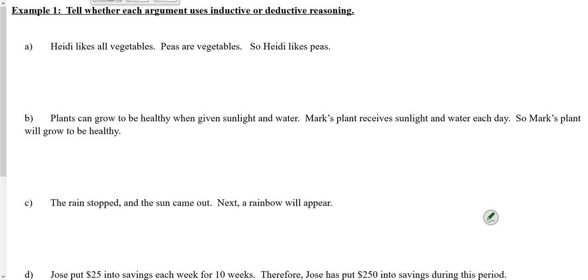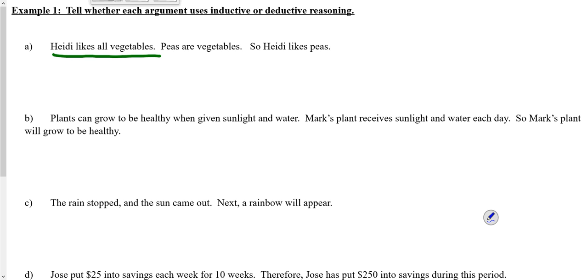So example number 1, we need to tell whether each argument uses inductive or deductive reasoning. So letter A, Heidi likes all vegetables. Peas are vegetables, so Heidi likes peas. We're told Heidi likes all vegetables.